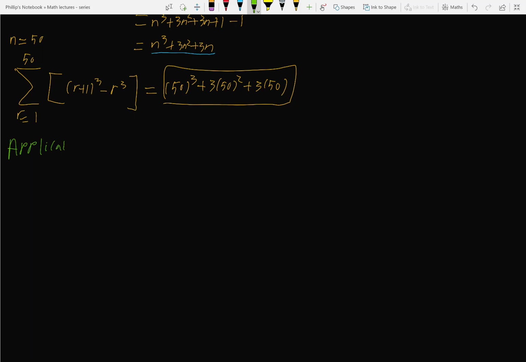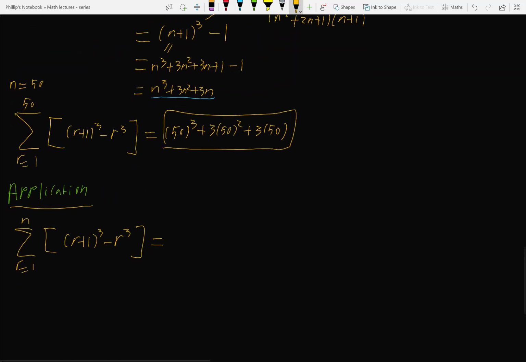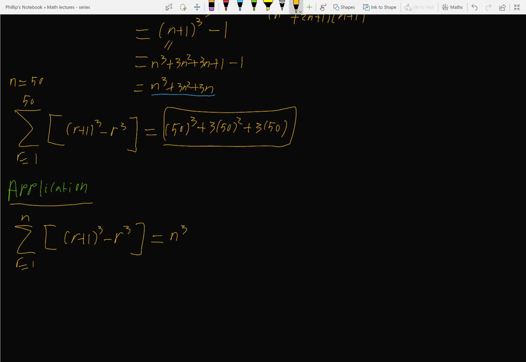This will be the last thing I do in this video because it's gone on quite long now. So we already know that the sum from r equals 1 to n of (r plus 1) cubed minus r cubed is equal to n cubed plus 3n squared plus 3n. We can factor out an n and simplify a bit further, but we're not going to for now.